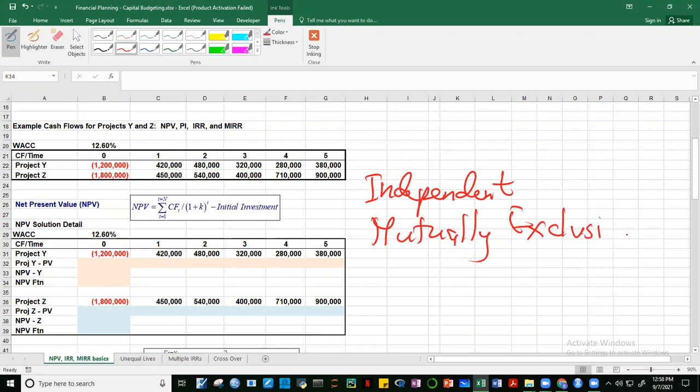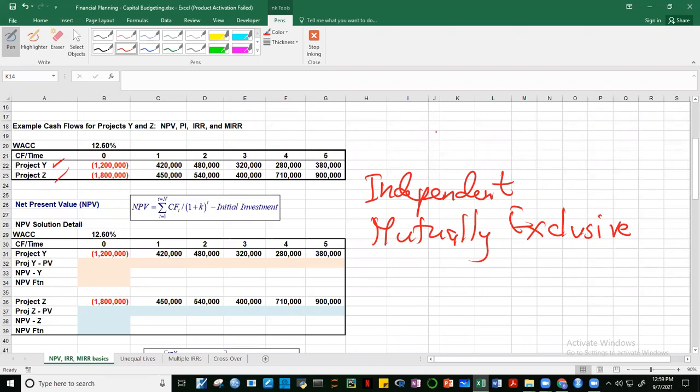Okay, pag independent projects, guys, the choice of one does not affect the other. So kung okay si Project Y, at saka okay din si Project Z, pwede natin piliin pareho, no? Kasi yung choice mo na Y does not exclude Project Z. Okay. However, if it's mutually exclusive, pag pinili natin si isa, hindi na pwede sa isa.